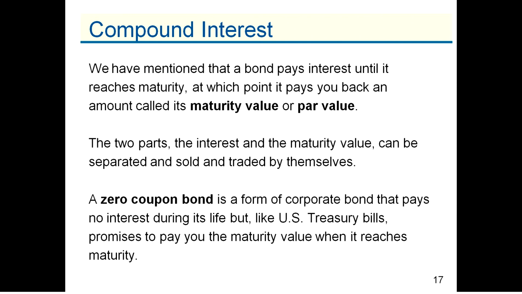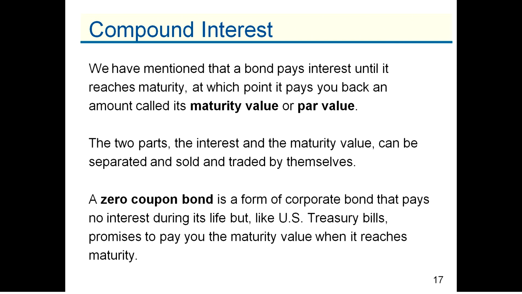We have mentioned that bonds pay interest until they reach maturity, at which point it'll pay you back an amount called its maturity value. Sometimes we call it its face value or par value. There's two parts, the interest and the maturity value. They can be separated and sold and traded by themselves.